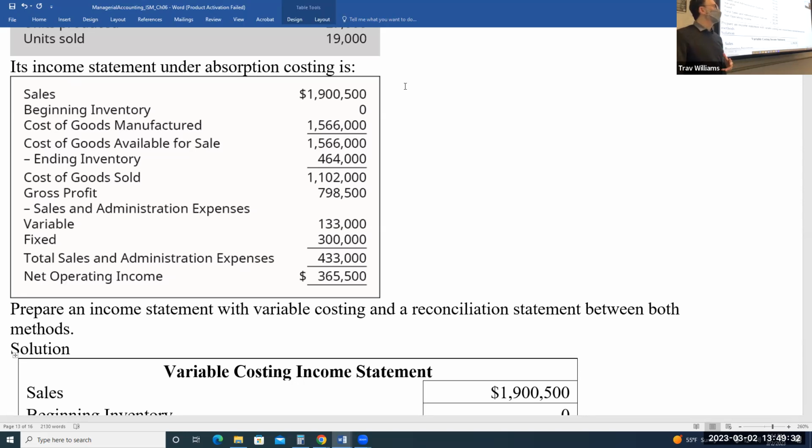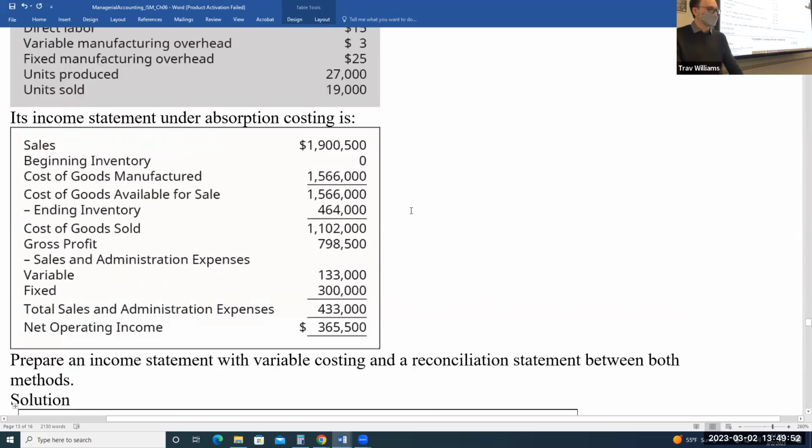What might it include that would not be part of variable costing? Some fixed costs, that's right. Right, they would have included fixed costs in there in the absorption income statement, and we want only the variable costs. So we're gonna have to figure out the cost of goods manufactured ourselves.